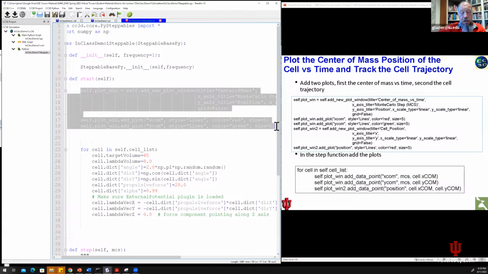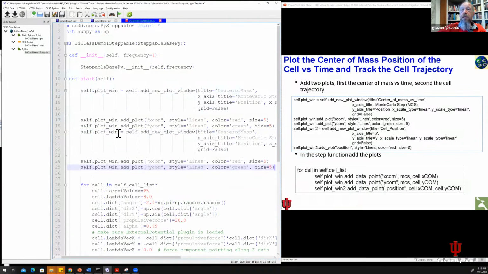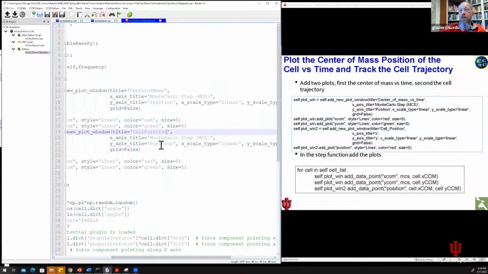So I can copy this and create a second plot window, plot win 2. This will be something like cell position. In this case, the x-axis is just X position. The y-axis is Y position.